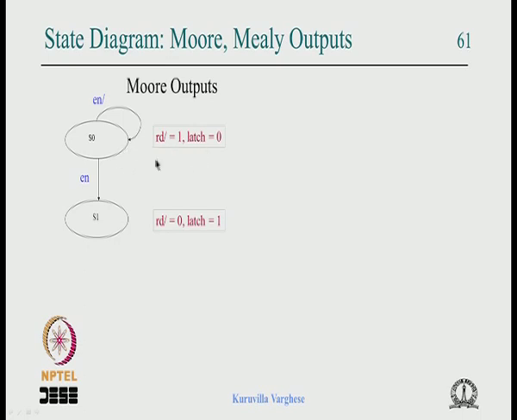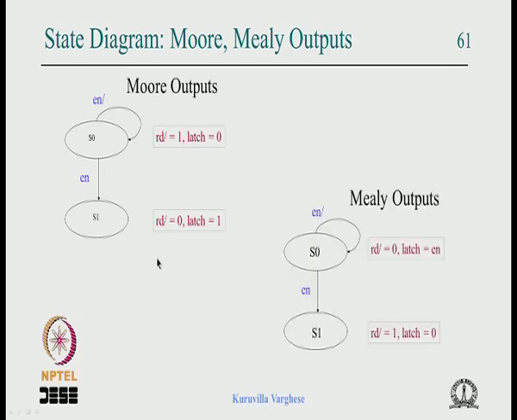So it essentially means that S0 is decoded to produce read bar 1 and latch 0, and in this state the read bar is changed from 1 to 0 and latch is made 1, and maybe in the next state the latch is 0, then you get a pulse on the latch for 1 clock period duration.